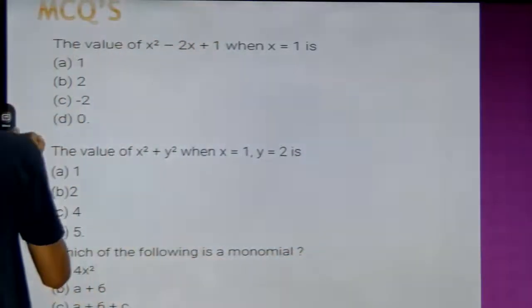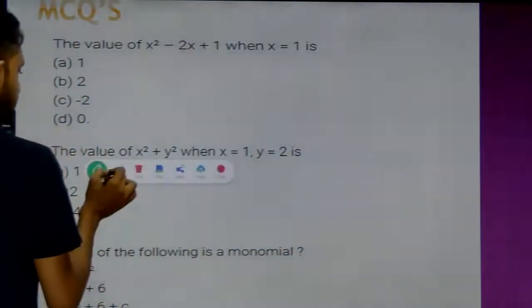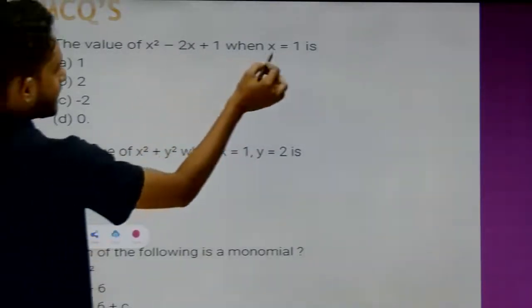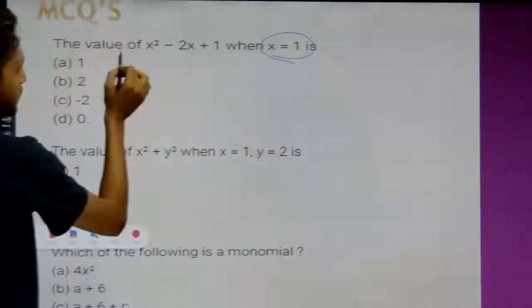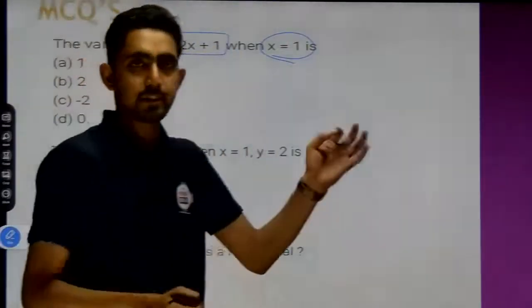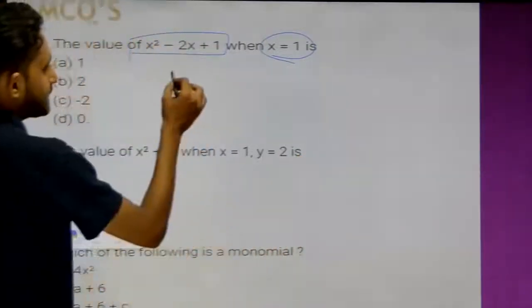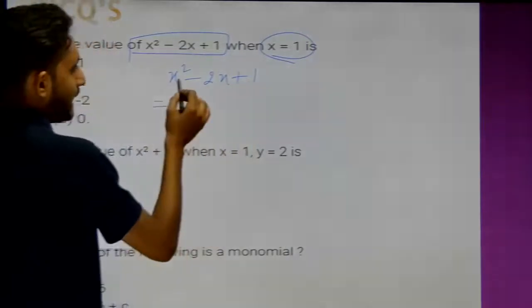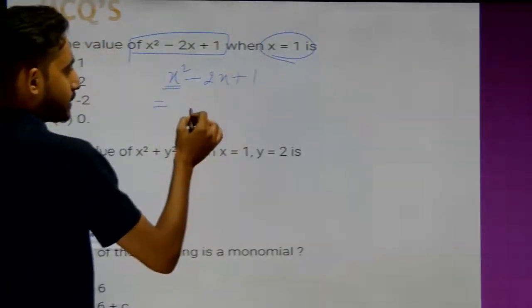So that means in this expression, you have to use x is equal to 1 and find out the value of this whole expression. So x square minus 2x plus 1 is equal to, instead of x you have to put 1.